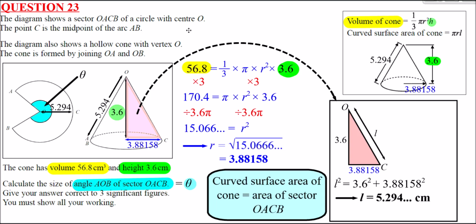So let's just work out the curved surface area. So therefore, curved surface area, look at the formula, it's pi multiplied by the radius of the cone, which is 3.88158, and then multiply that by the slant height, which is 5.294.